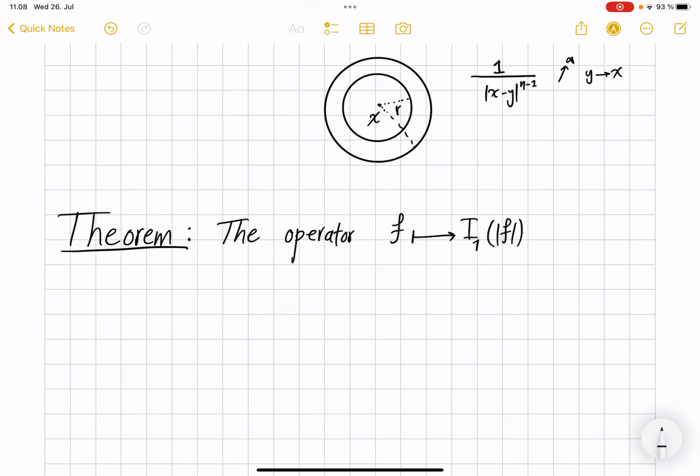I don't know why, because I1 of the absolute value of f is bigger than I1 of f itself. So if this is bounded, that one should also be bounded. But let me be safe and just follow the statement here.